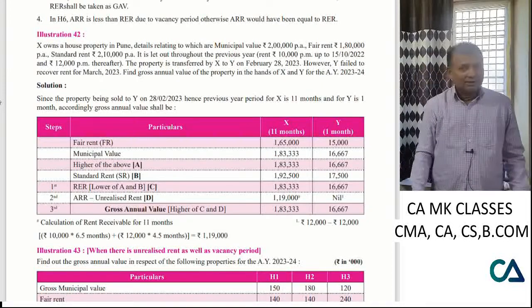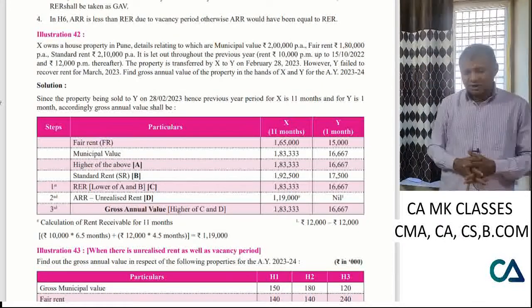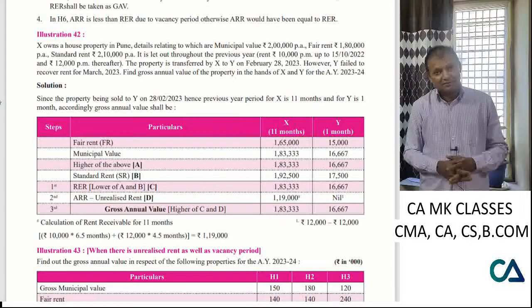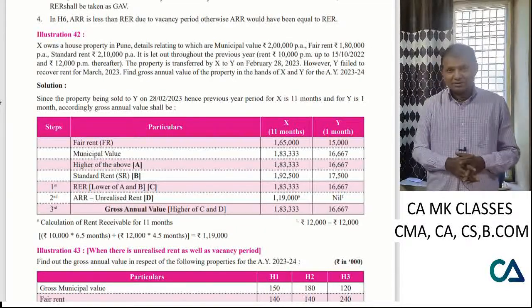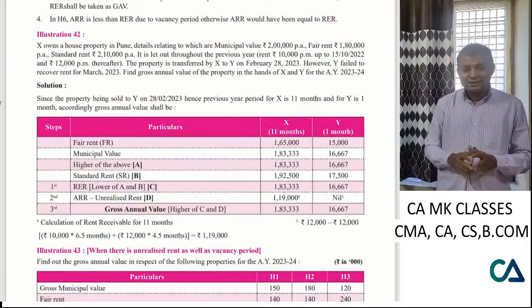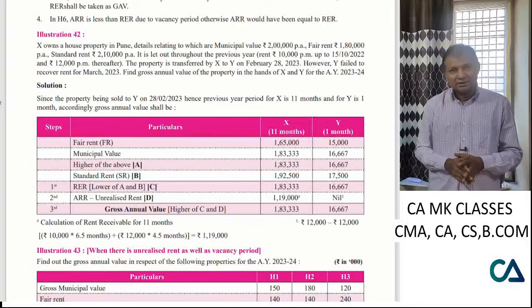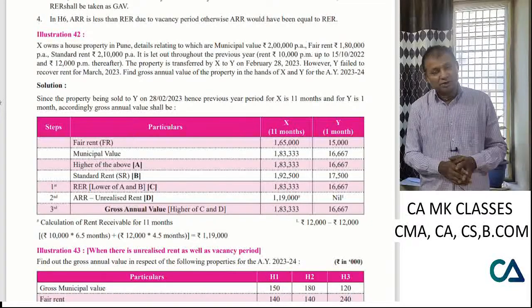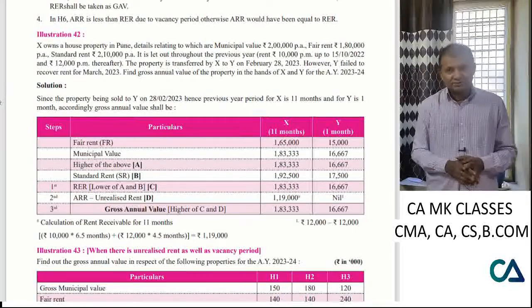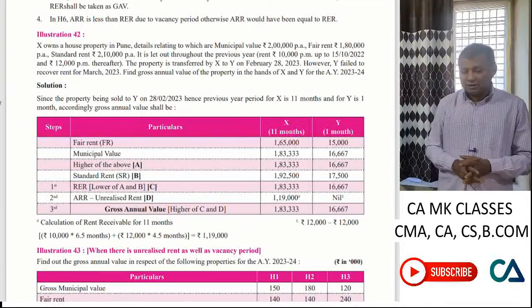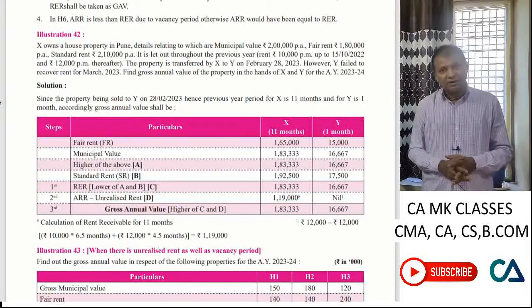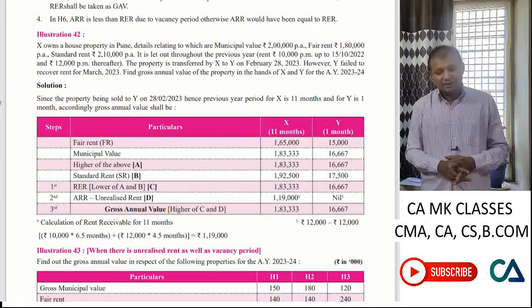Today we are going to start from problem number 42 to 46 from CMA Math. This is the updated CMA 2022 edition Math on direct taxes, and we are continuing with house property.